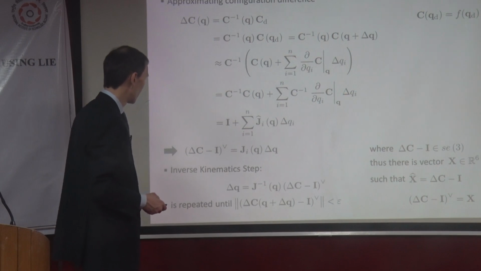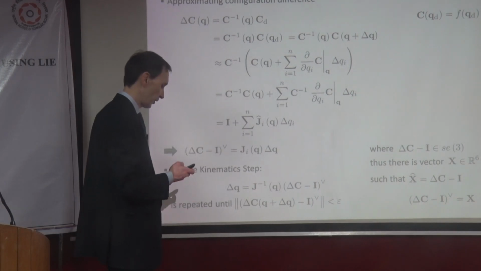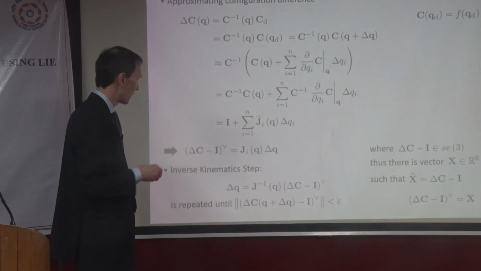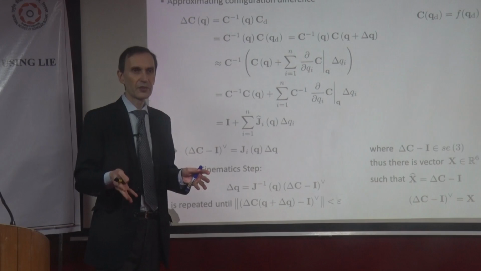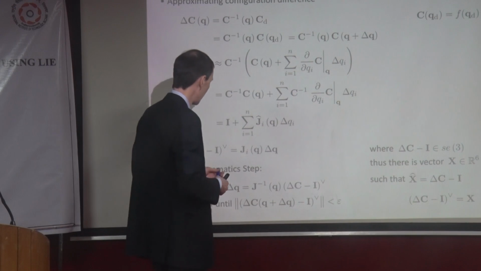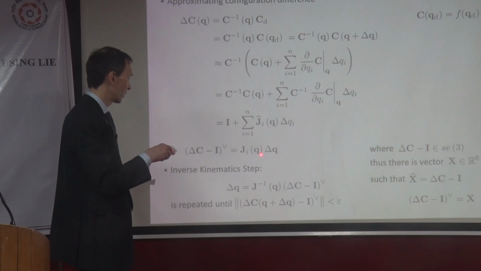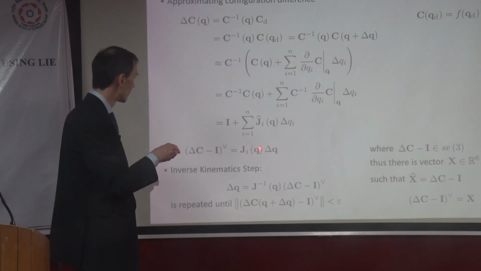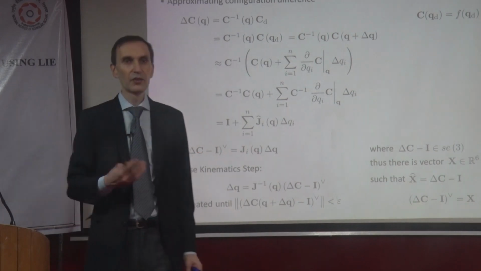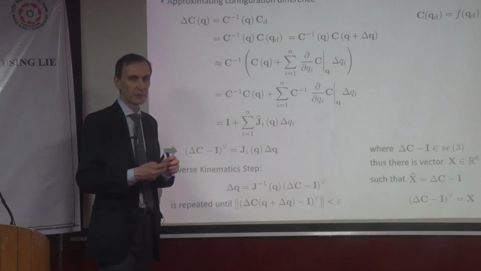And that's it, because now essentially we can invert this Jacobian, okay? Assume that we have a non-redundant system for the time being, and assume that we are in non-singular, which is most of the time the case. So J inverse multiplied to the left to this expression gives you delta Q. Okay, and so we have a solution for the delta Q. Of course, this is a finite approximation.